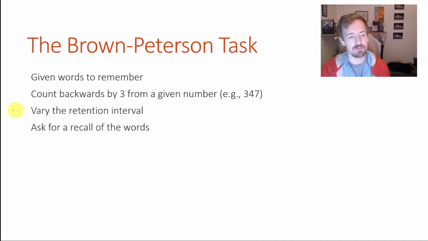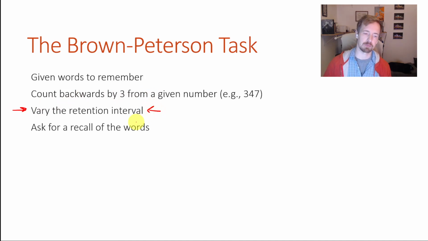People will then vary the retention interval. Sometimes they will do this for a couple of minutes, sometimes for a couple of seconds, and then they ask them to recall the list of words. So based on what we know about the phonological loop, remember, it's for verbal and auditory information.